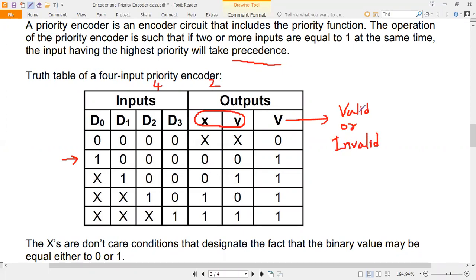If V equal to 1, it means valid output. Invalid means V equal to 0. These points are explained here.